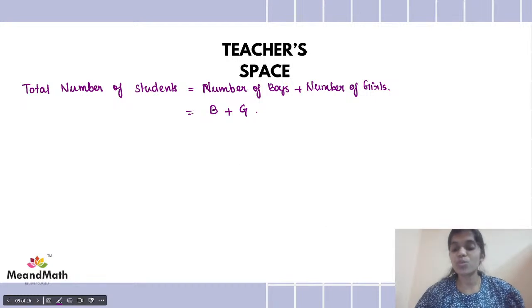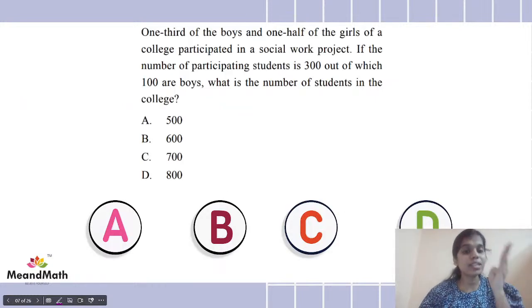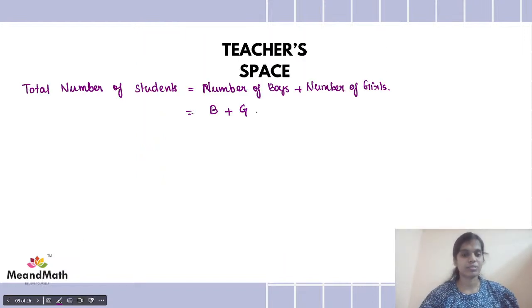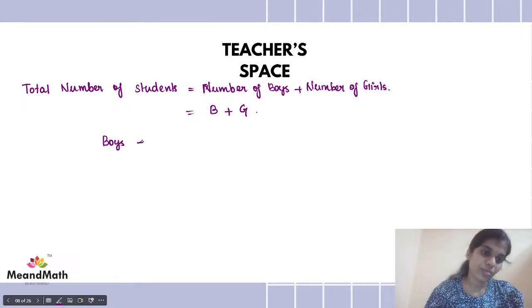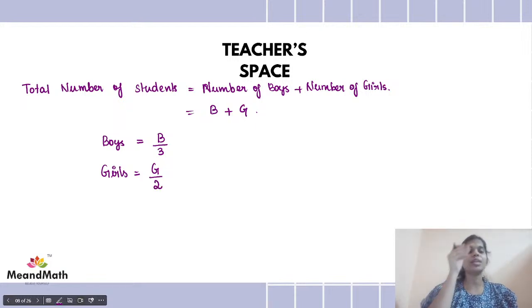Now, what is given in the question? One-third of the boys and one-half of the girls participated, right? So the number of boys participating is B by 3 and the number of girls participating is G by 2.